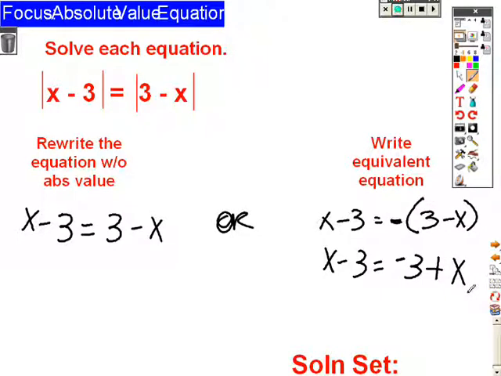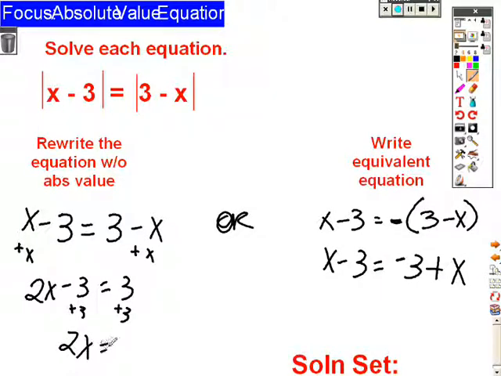Now I'm ready to solve. Over here on the left, I'm going to take all of my variables to the left and all of my numbers to the right. I'm going to do that by adding x. Adding x, I end up with 2x minus 3 equals 3. Add 3. Got 2x equals 6. Divide by 2.